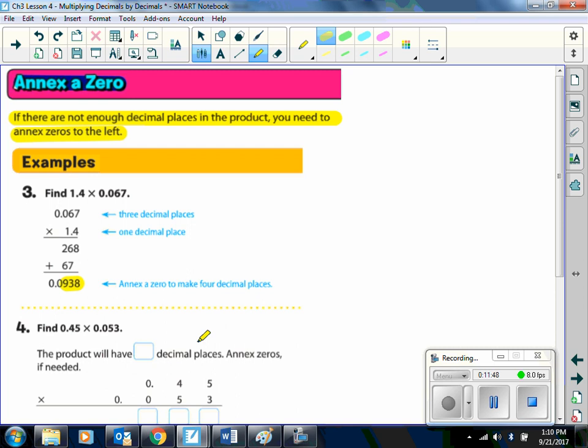But the answer has to have 4 numbers behind the decimal. So when we look over here, we've got 1, 2, 3, and then we'd have to add this 0 so we can get the fourth number behind the decimal. Is everybody clear with that?